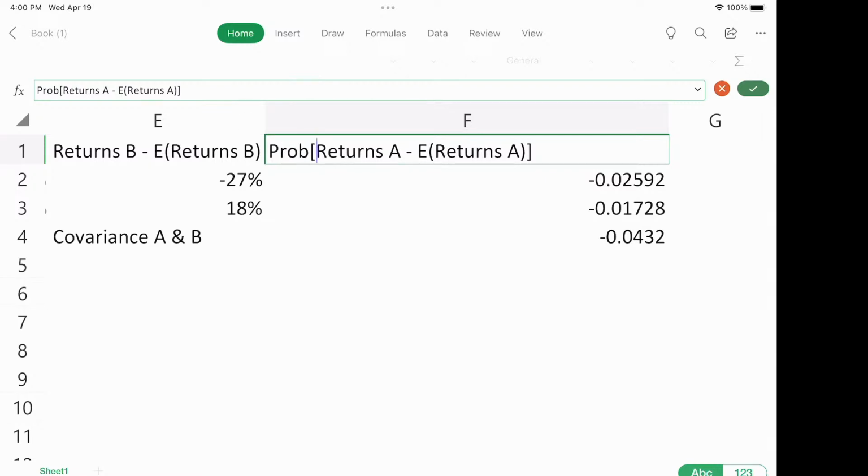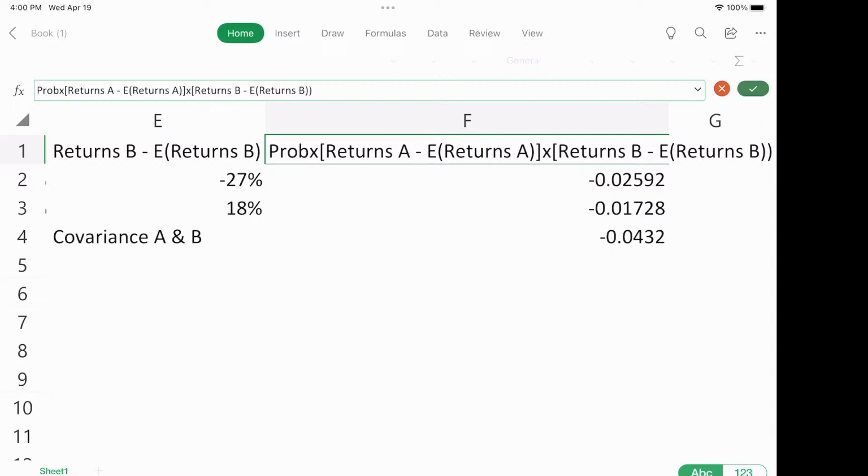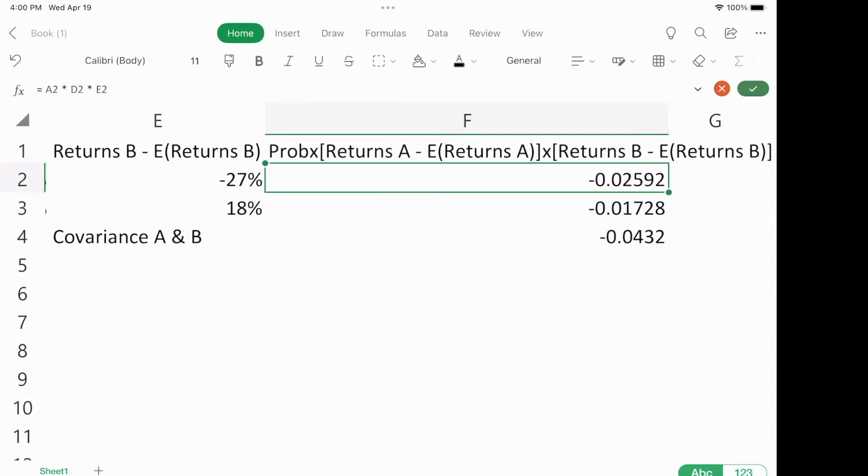Then I did the same thing for B. This is all multiplied. Lots of writing just to explain what I did with those columns.